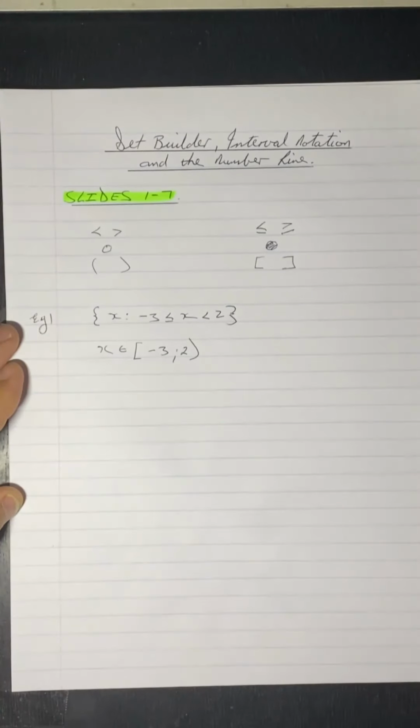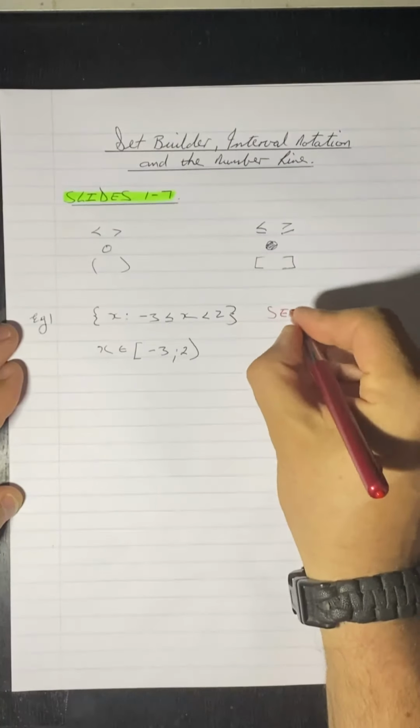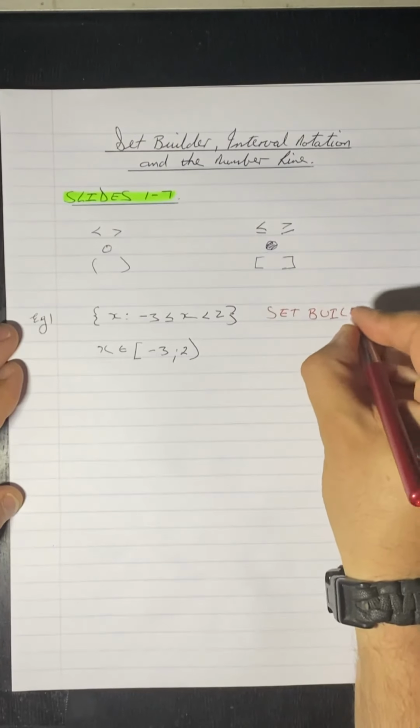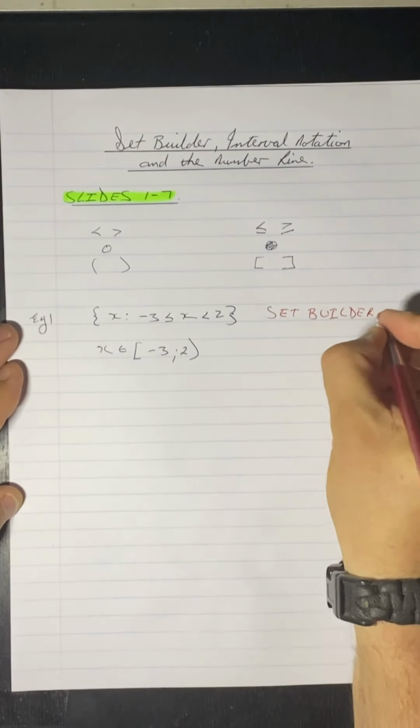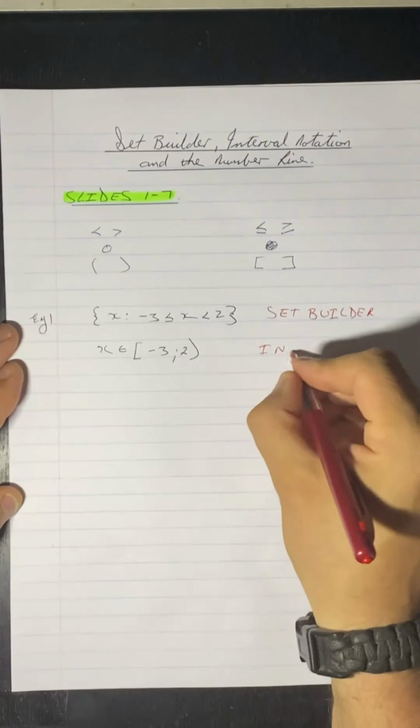Now, this one over here, this is your set builder notation. And this one in this form is your interval notation.